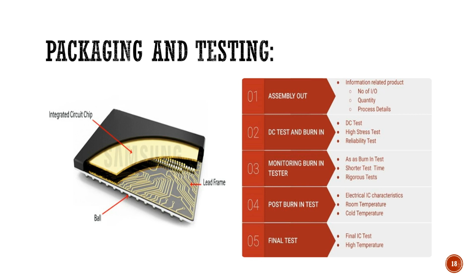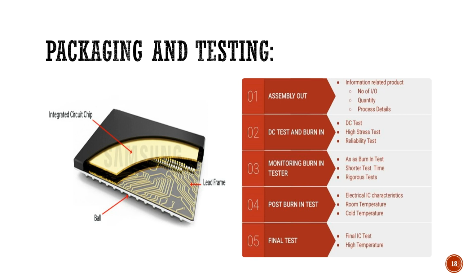Where packaging and testing are carried out in 5 different levels, right from assembly out, DC test and burn-in, monitoring burn-in, post burn-in, and final test. To start with is assembly out that deals with the number of input and output pins involved, quantity, and also process design.